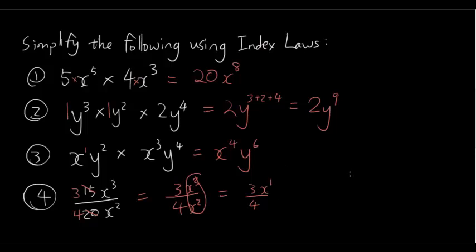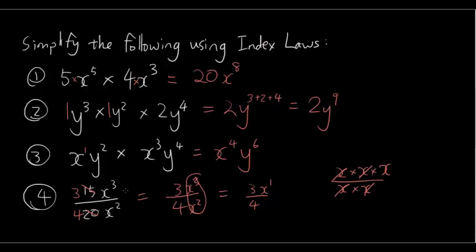Okay, if you've forgotten how to do that one, just remember we have 3 x's on the top, 2 x's on the bottom. So when you cross them out one by one, you have to cross one out from the top and one from the bottom at the same time. So you're left with 1 x on the top. Alright, so it's 3x to the power of 1 over 4.